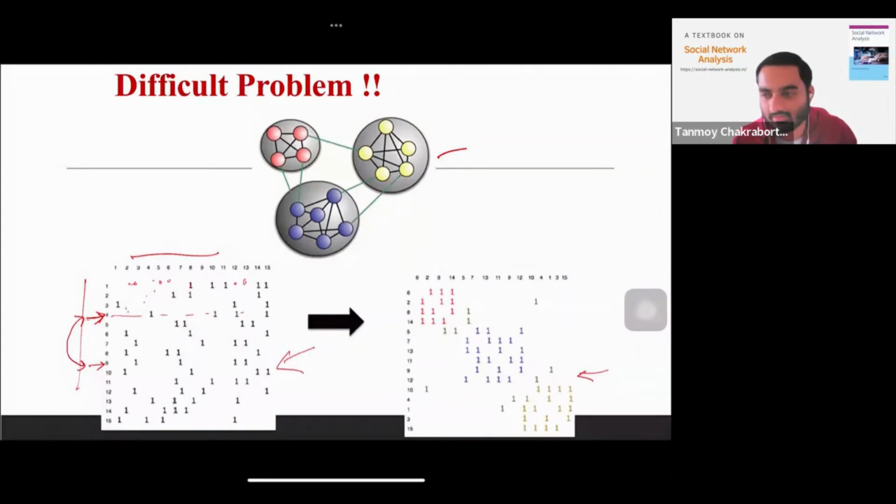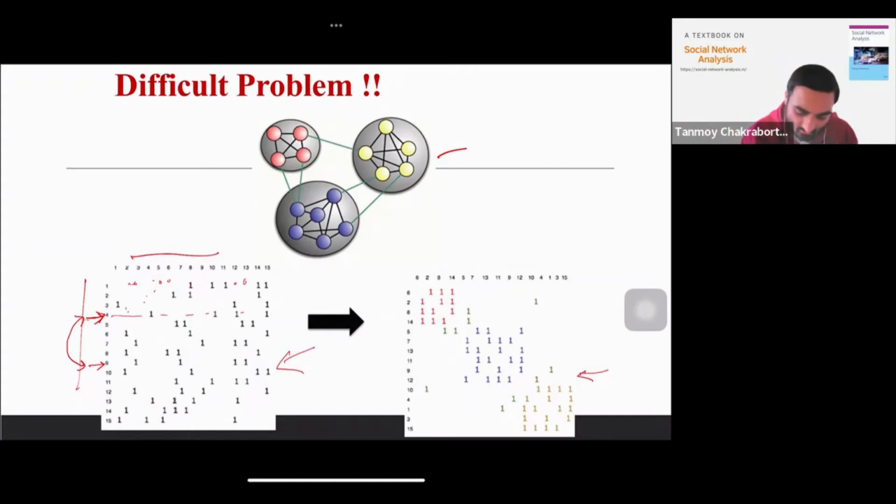Nothing would change. It still indicates the same network, as if now you are denoting node 4 by node 9 and node 9 by node 4. That's all. So you can easily swap rows and columns, keeping the network structure the same, so that all the ones would move to the diagonal elements.